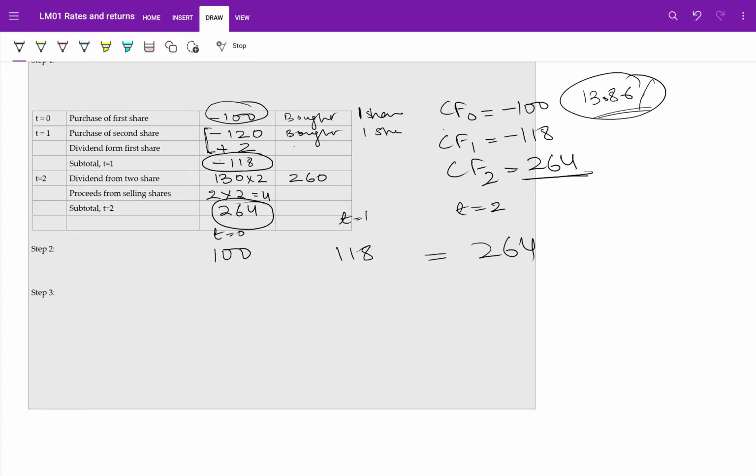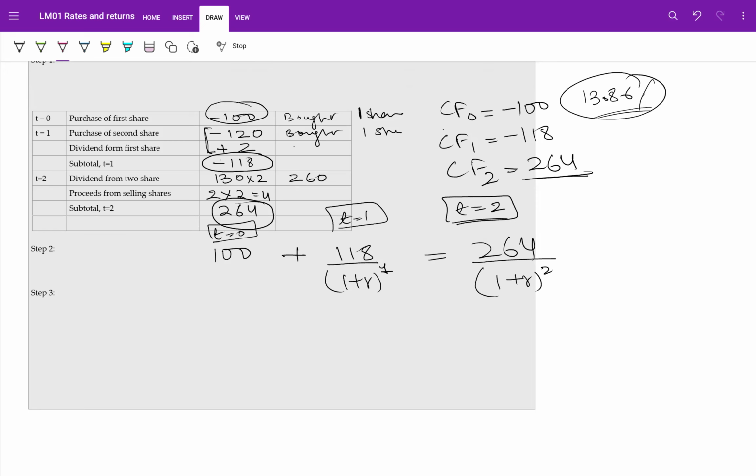The cash outflows I'm going to compound or discount using the rate, and the inflow I'm going to discount using the rate again, but the time factor is 2 here, the time factor is 1 here, and here the time factor is 0.